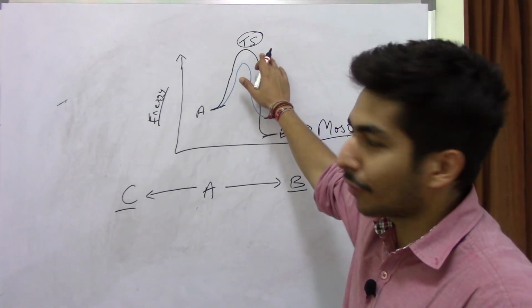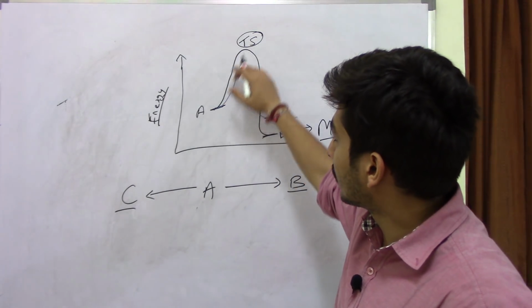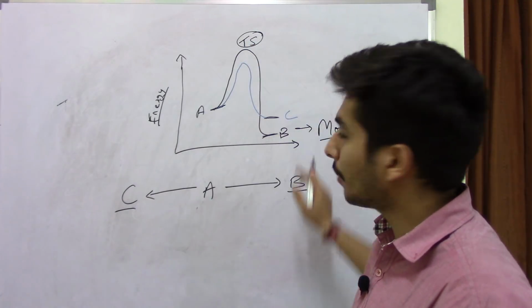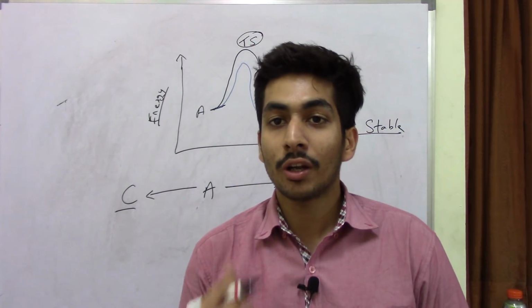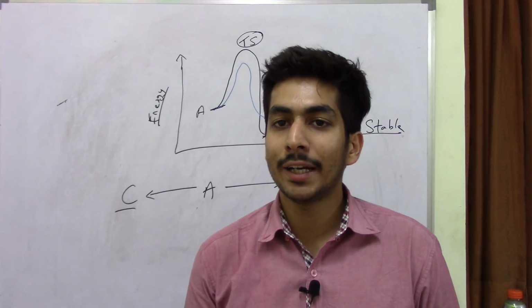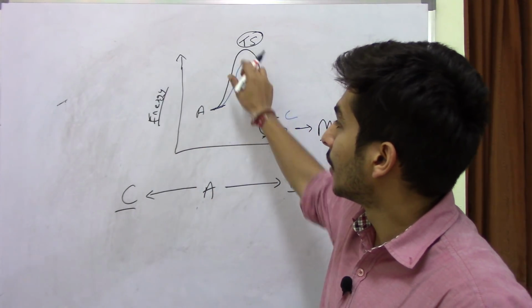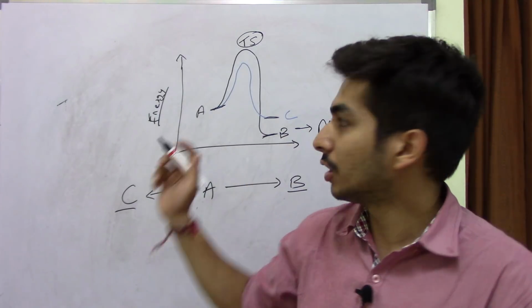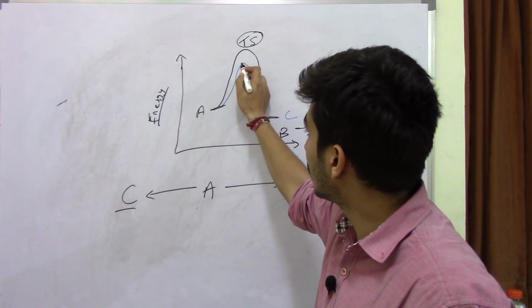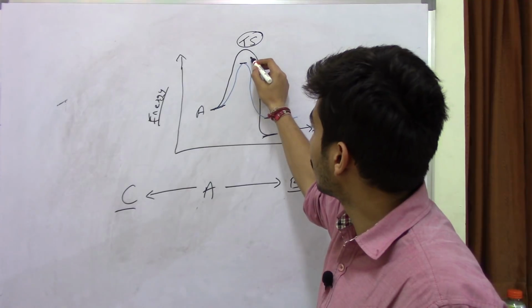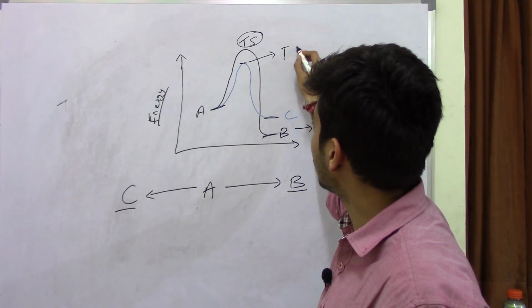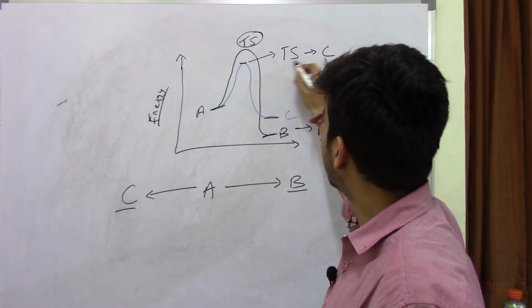Once that transition state energy is reached, only then can product B be formed. Now if we do not provide that kind of energy to reactant A, if we only provide some energy so that the reactant A can reach this particular point, this is the transition state energy for product C.